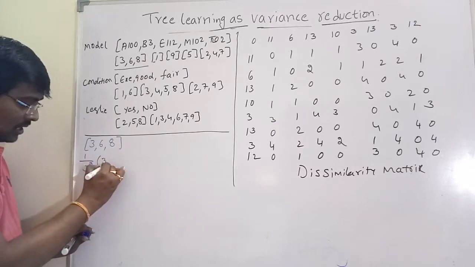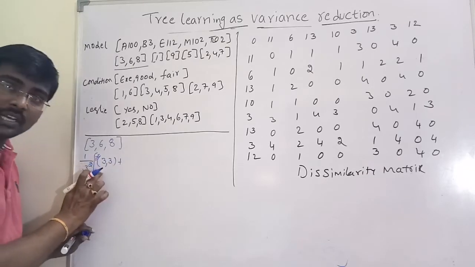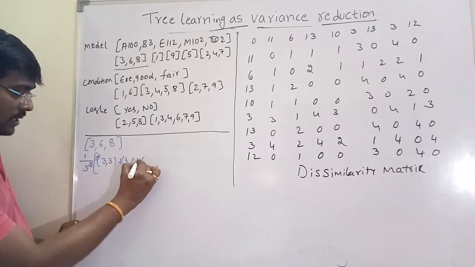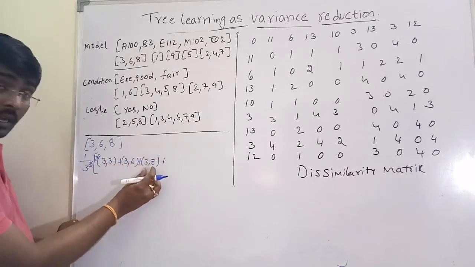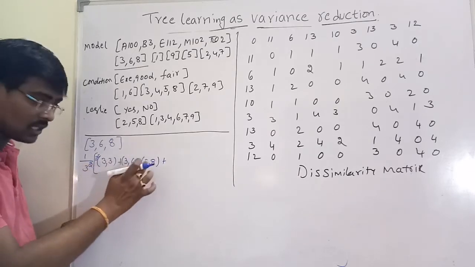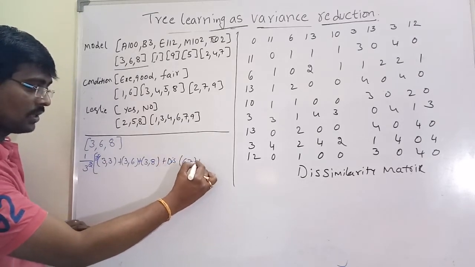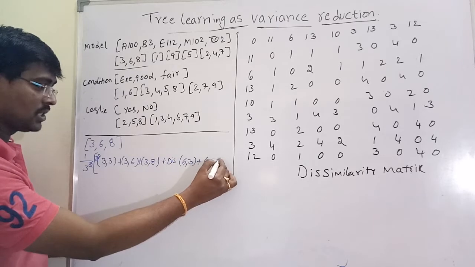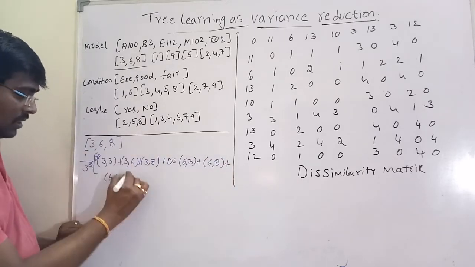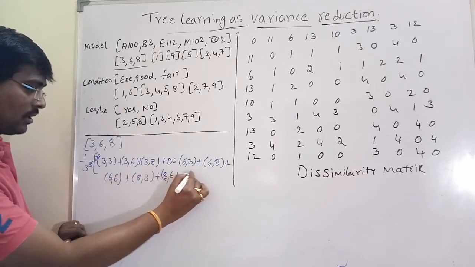The pairs are: dissimilarity of 3, 3; 3, 6; 3, 8; then 6, 3; 6, 6; 6, 8; and similarly 8, 3; 8, 6; 8, 8.